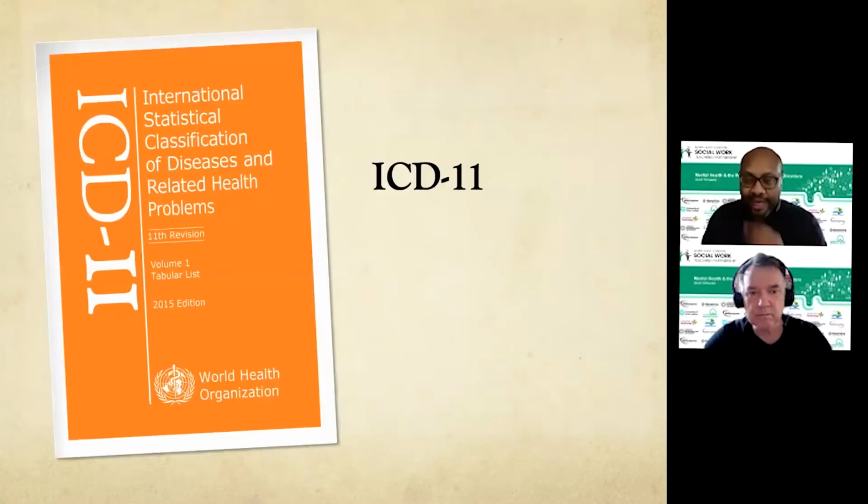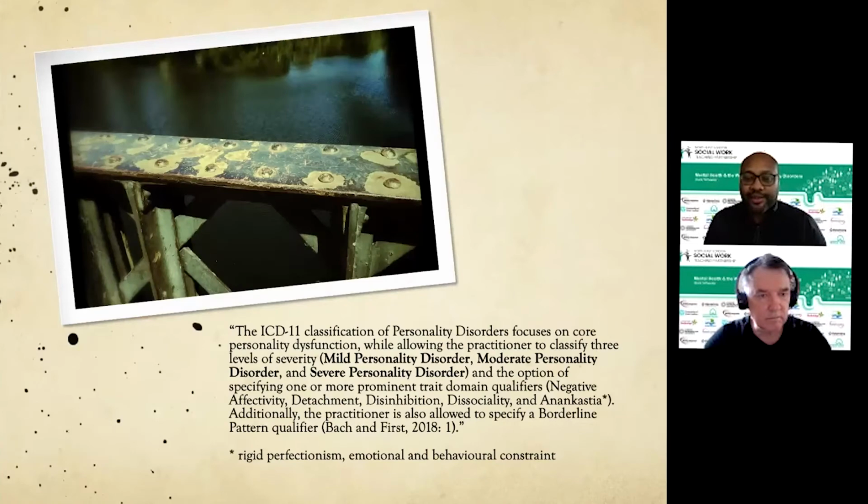So that was what was identified as problematic with the two previous iterations of the ICD and the DSM. As a result, in the ICD-11, which was published, this is the 2015 edition, okay, the idea was that personality disorder focuses more on a core personality dysfunction while allowing practitioners to classify 3 levels of severity, those levels being mild, moderate, and severe. Okay, so rather than just saying someone has a personality disorder, this type, you get into more calibrating it to get a sense of what's going on.